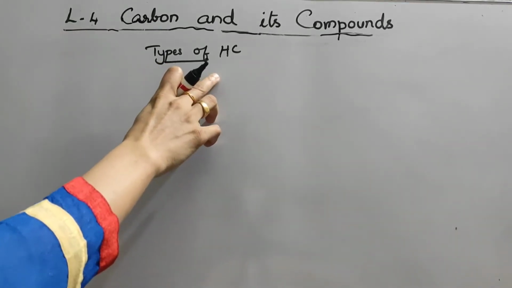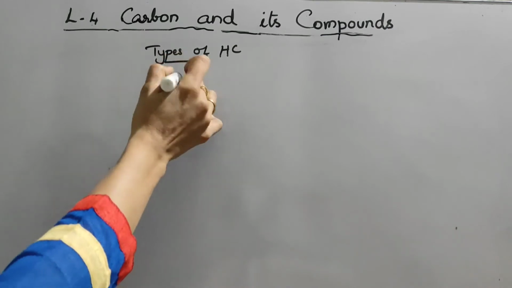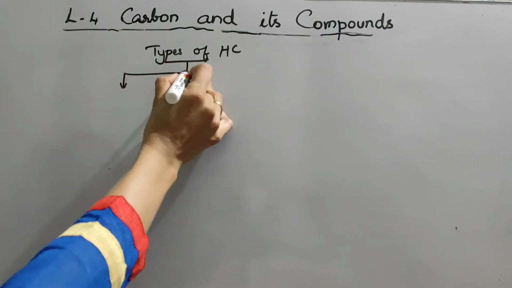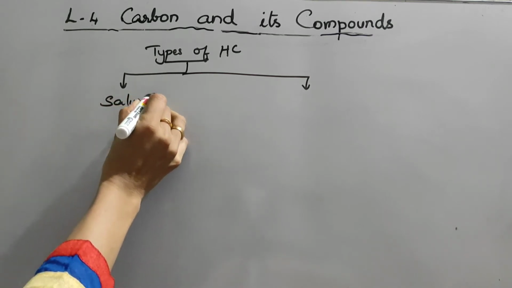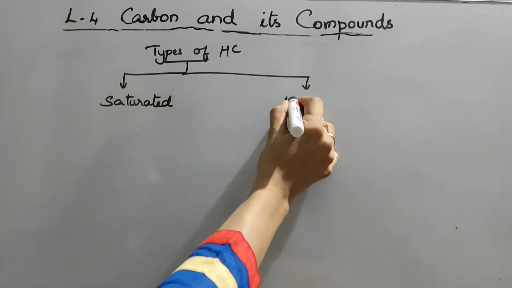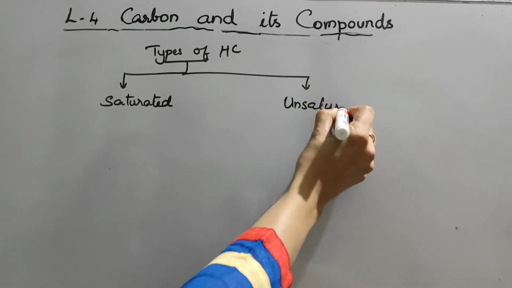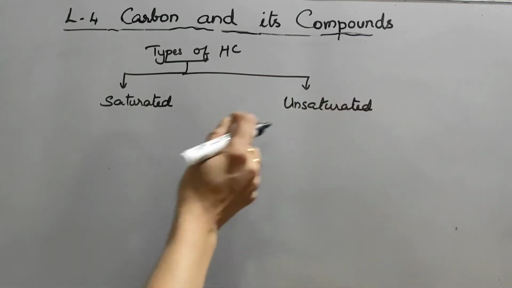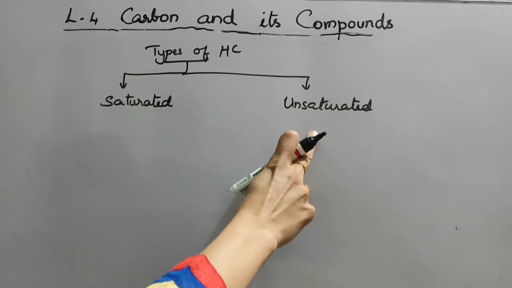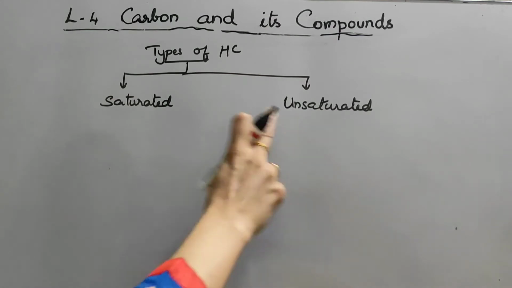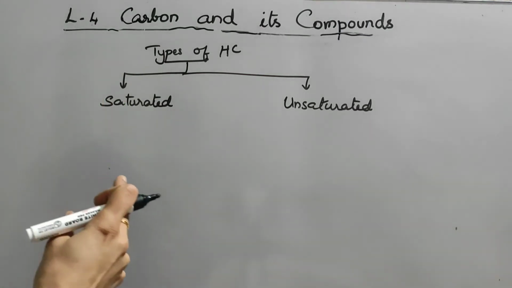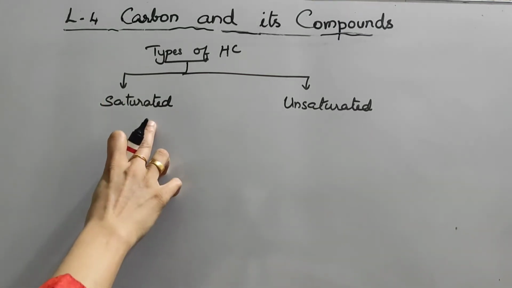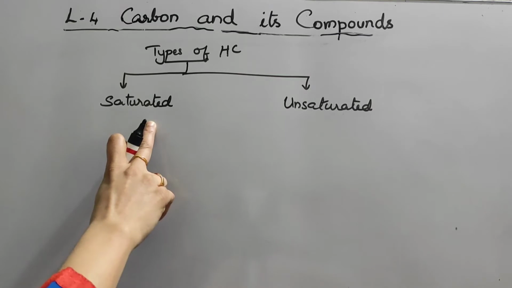Types of hydrocarbon. Hydrocarbon is divided into two: saturated hydrocarbon and unsaturated hydrocarbon. How can we define a saturated hydrocarbon? A hydrocarbon in which carbon atoms are connected by only single bonds is called a saturated hydrocarbon.